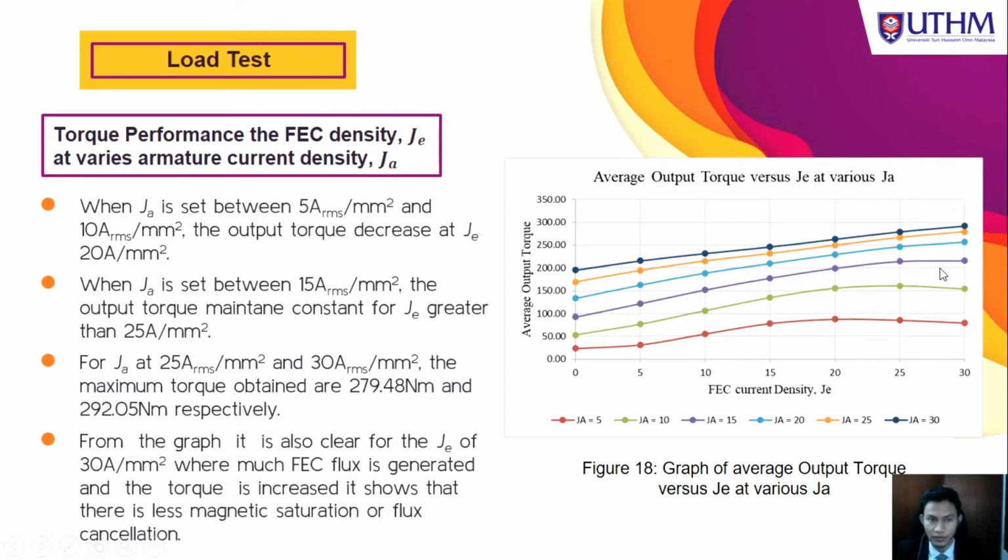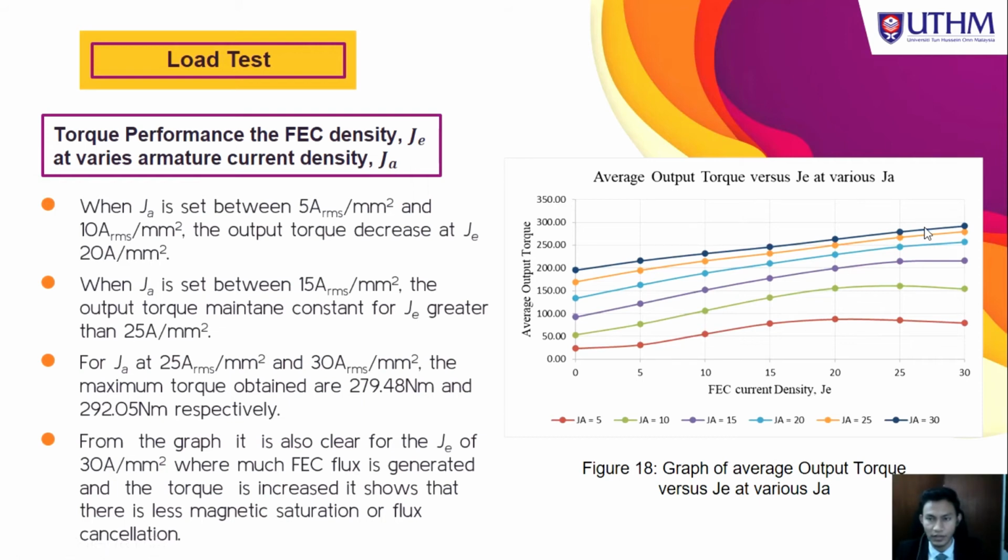For the next point, JA is set at 25 and 30. You can see here 25 and 30. The maximum torque we obtain for JA 25 is 279.48 torque, and JA 30 produced 292.05 torque respectively.